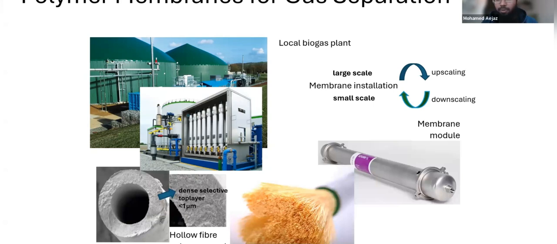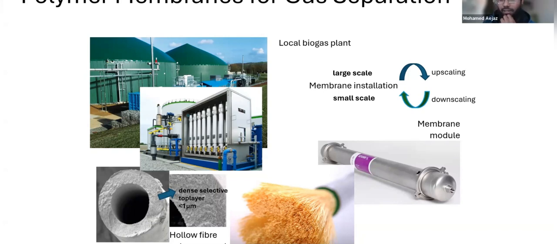But what do these membranes look like, right? I showed you nice modules installed here, and this is how a single module would look. Inside these modules, you have hollow fibers that have your membrane material coated on them. If you were to go down to the nanometric size, you would see that these hollow fibers look like a cylinder, a torus essentially, and on top of it is where your polymer membrane lies.